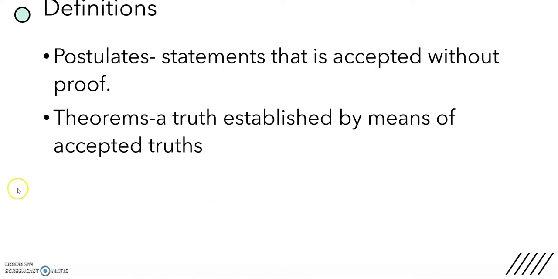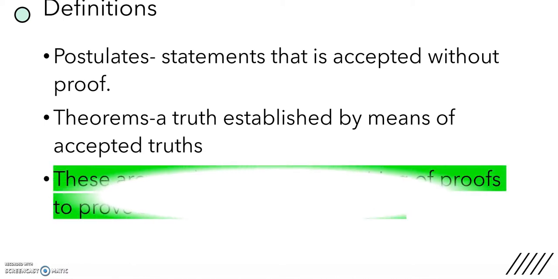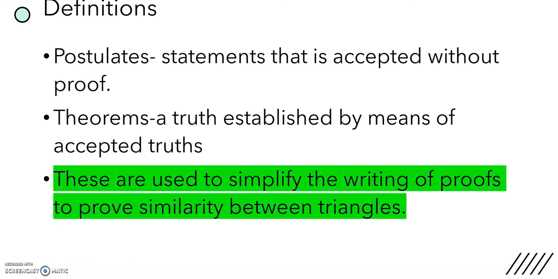So these are the terms that we're going to encounter in geometry that we have to understand for us to apply these in proving similar triangles. These are also used to simplify the writing of proofs to prove similarity between triangles.